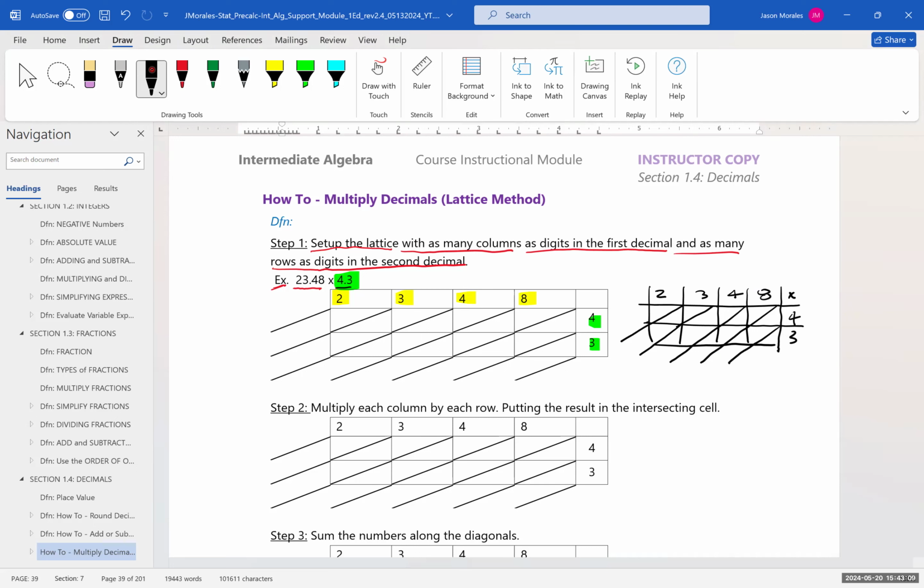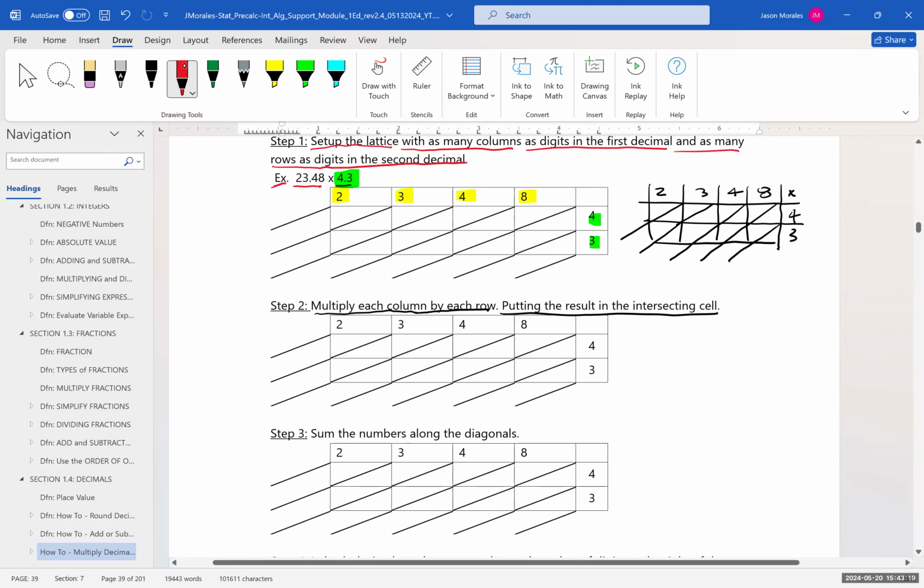Step two: multiply each column by each row, putting the result in the intersecting cell. The first thing we're going to look at is 2 times 4. 2 times 4 is 8, so I'm going to put a 0 and an 8 there.